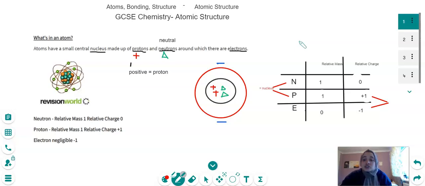That's one of their essential needs because of how much they weigh. So this is why we have neutrons. They don't, however, have a charge.